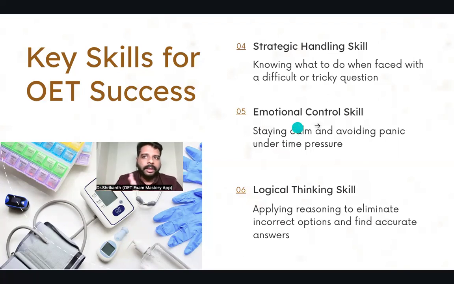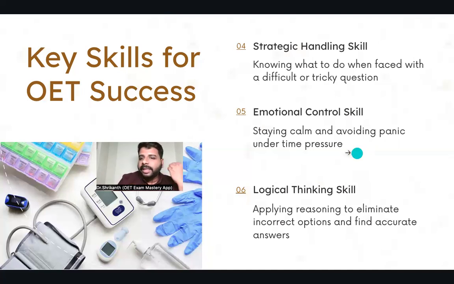Very importantly, for all the four modules, listening, reading, writing, and speaking, you need to have emotional control skills. Especially those who have written the OET will know what I'm talking about. Those who have not written the OET may not know this, but those who have written it before will be able to understand how important this is.